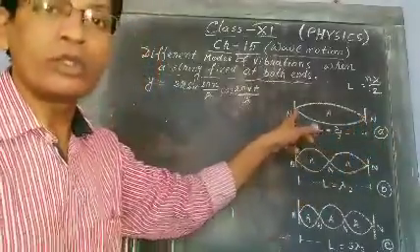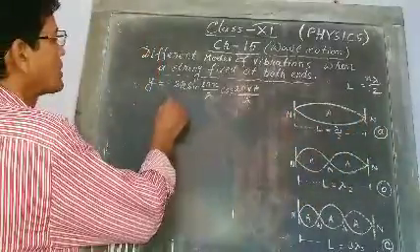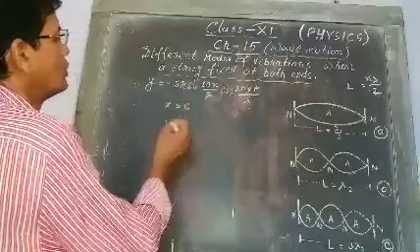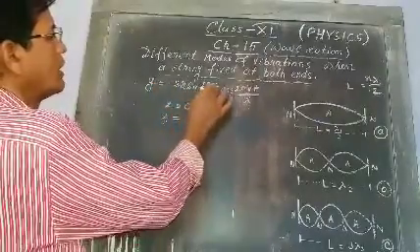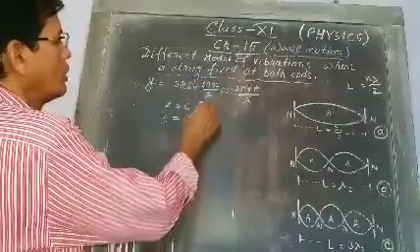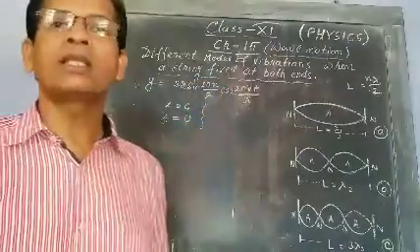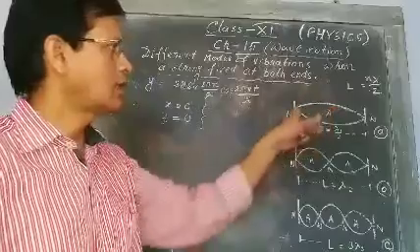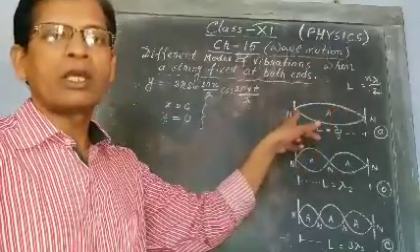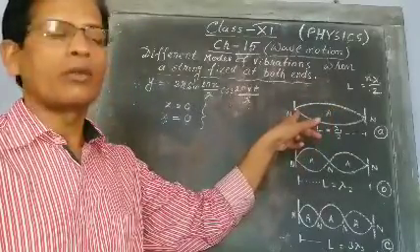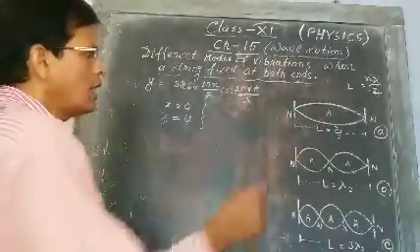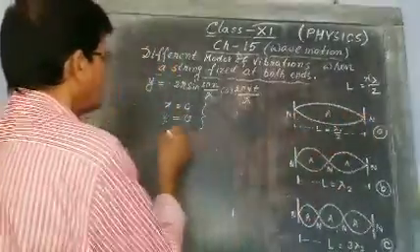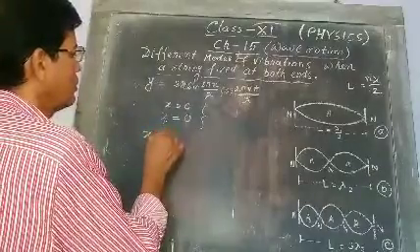Here x equal to 0, so sin 0 is 0, and y will be 0. This is clearly satisfied: at the origin, the string has no displacement.